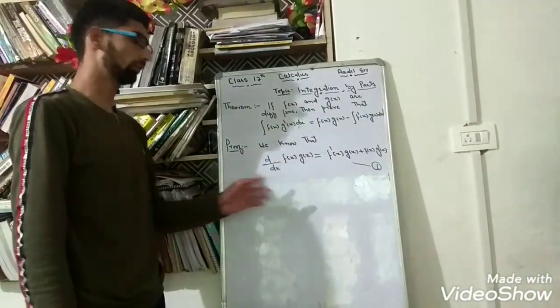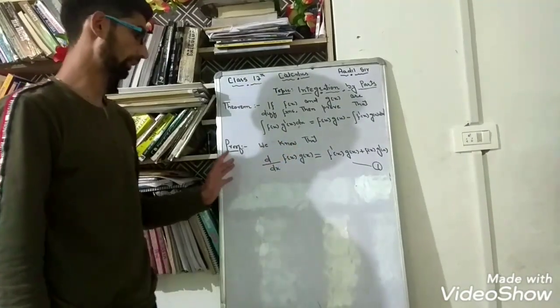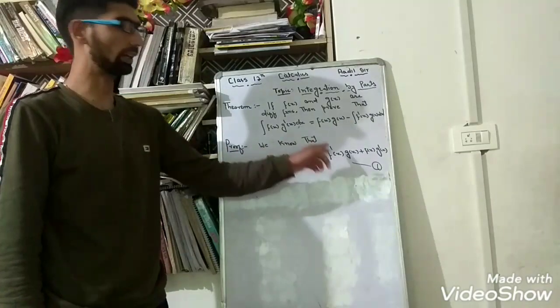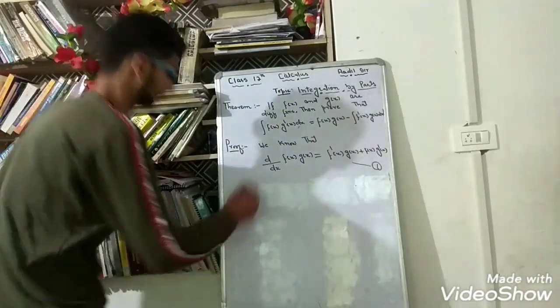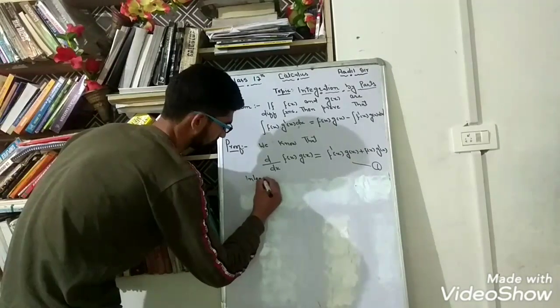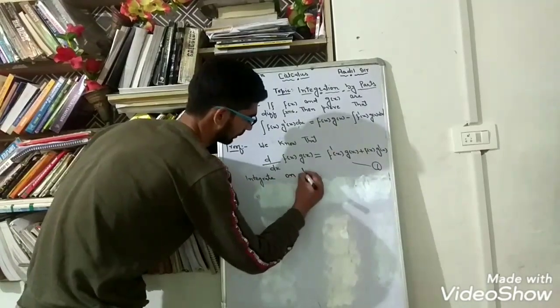After this setup, we will integrate this equation on both sides. We will take the integral on LHS and RHS both. So I will write here, integrate on both sides.